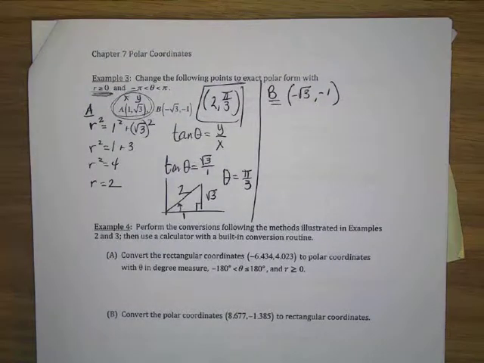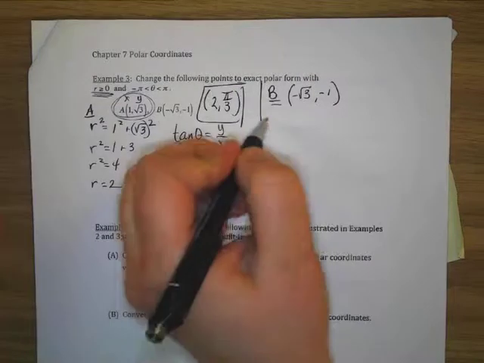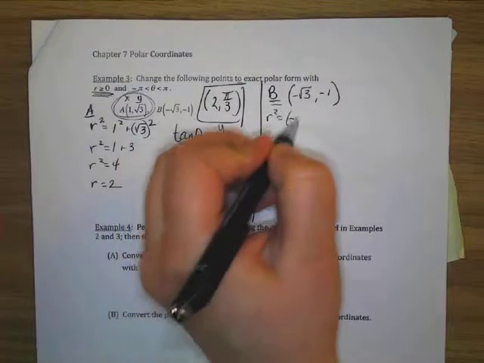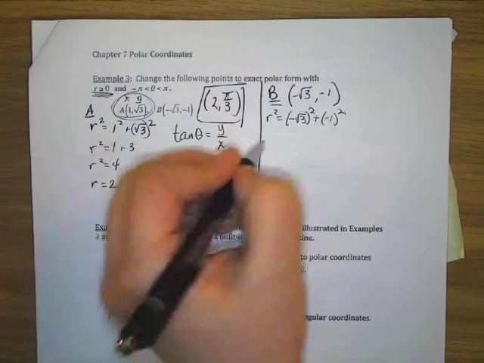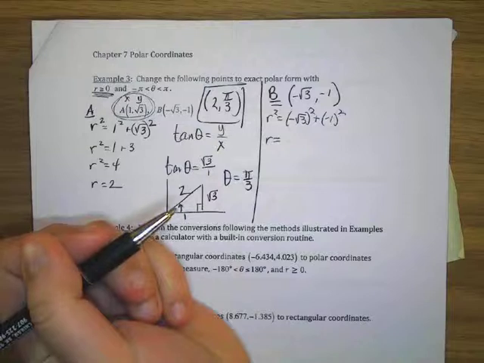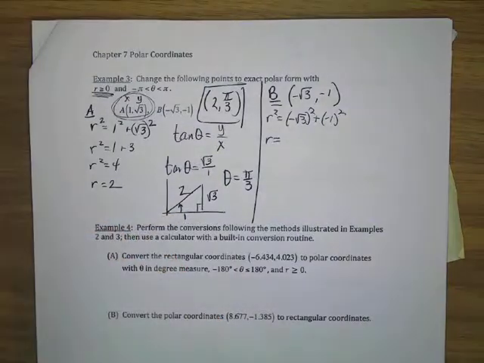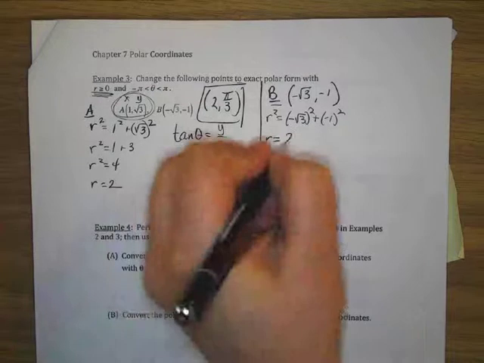So let's find our r first. We're going to use Pythagorean for that. What does your r end up being? 2. It's 2 again.